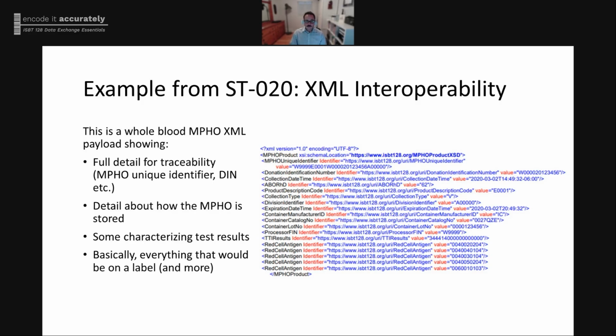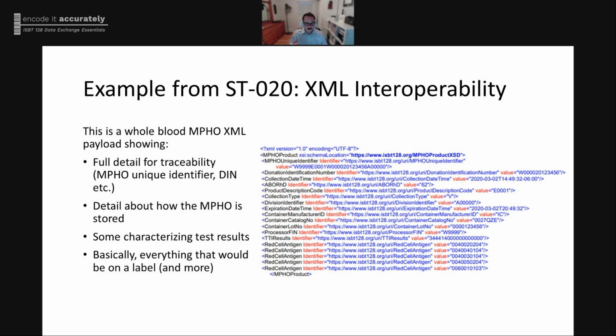Here's an example XML payload for whole blood product. You can see the full traceability through various identifiers, including the MPHO unique identifier and the donation identification number. We also have some detail on storage containers and some test results that have been performed on the product.